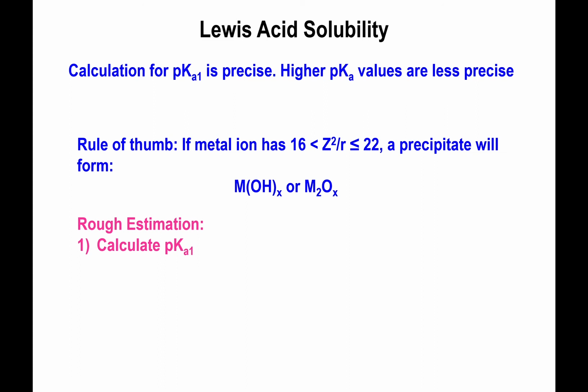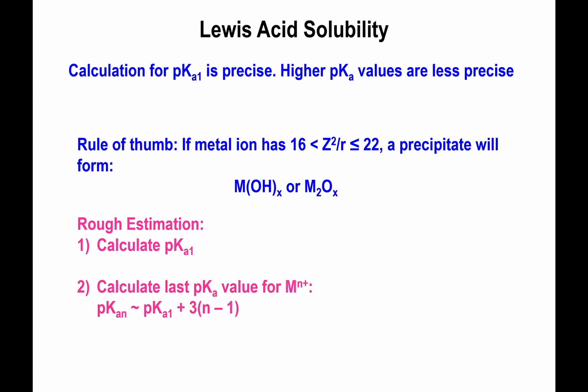And then you determine how many pKa's you have to go through to make the entire complex neutral, and that depends on the charge of the metal. If the charge of the metal is 3 plus, you have to go through 3 pKa's to make it neutral. If the charge is 2 plus, you only have to go through 2 pKa's to make it neutral.